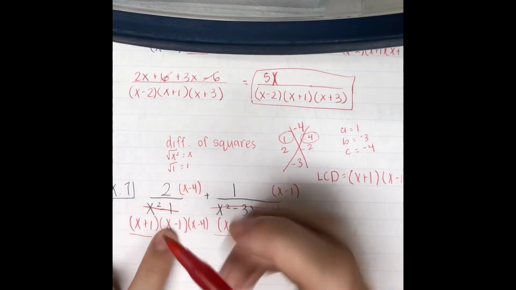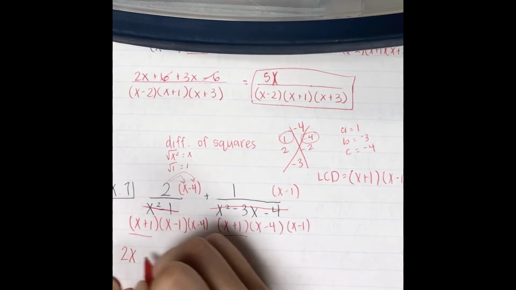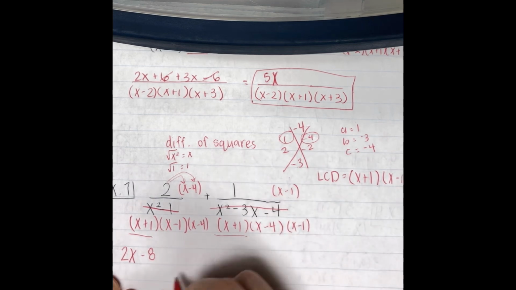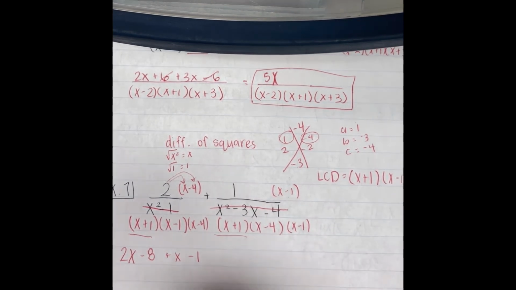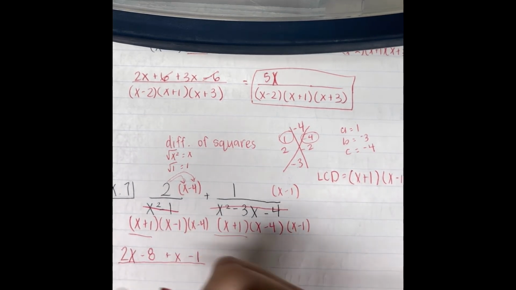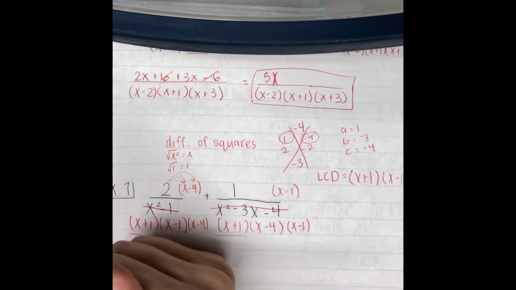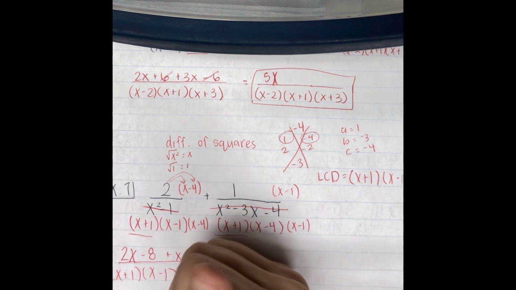I just need to distribute this 2 on the top to both these terms. So I'd have a 2x minus 8. And then 1 distributed to both, it just leaves it as a positive x and a negative 1. Okay? And then on the bottom, you have your LCD, x plus 1 times x minus 1 times x minus 4.